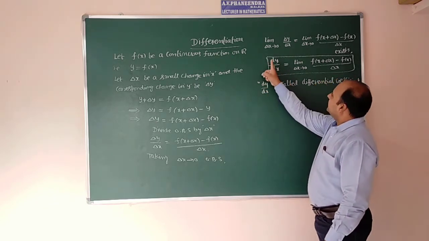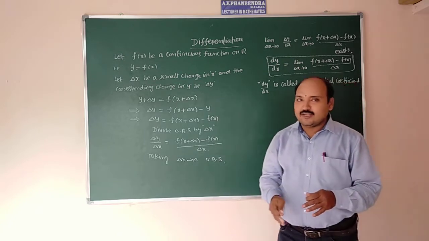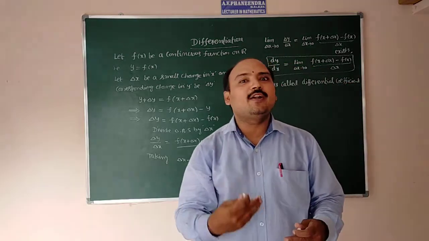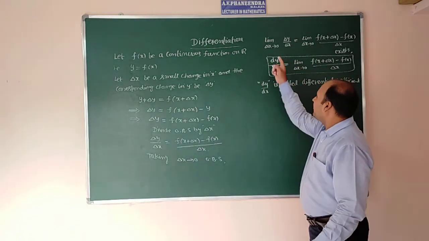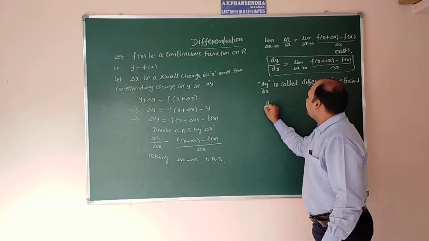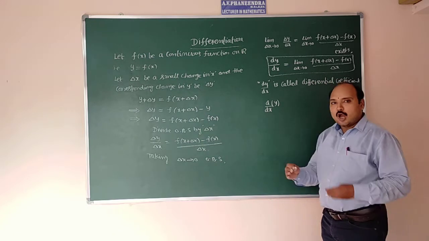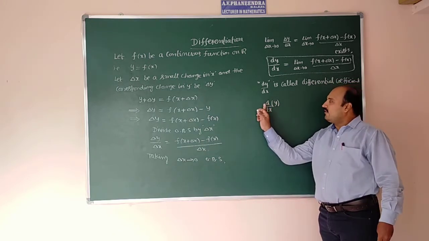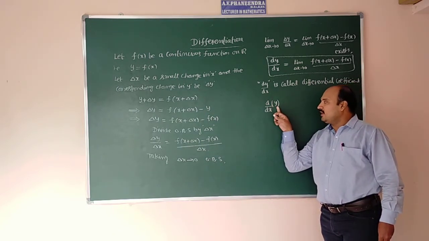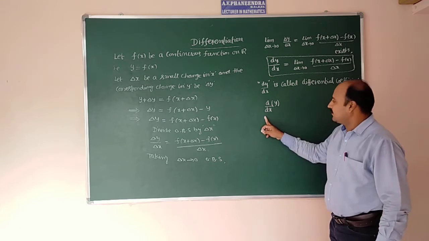In this, dy by dx means it is not the ratio of dy and dx. The meaning of dy by dx is d by dx of the function y. How to read: derivative of the function y with respect to x.